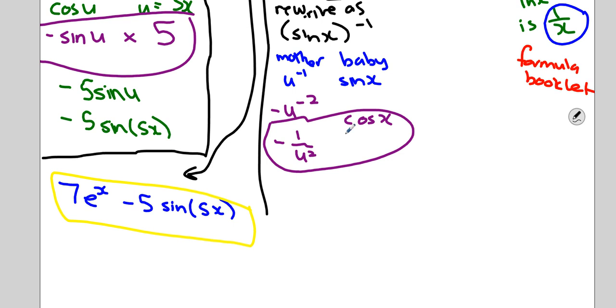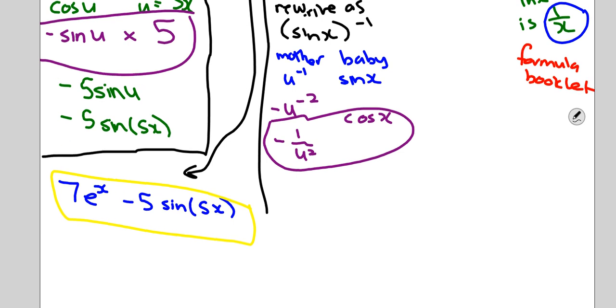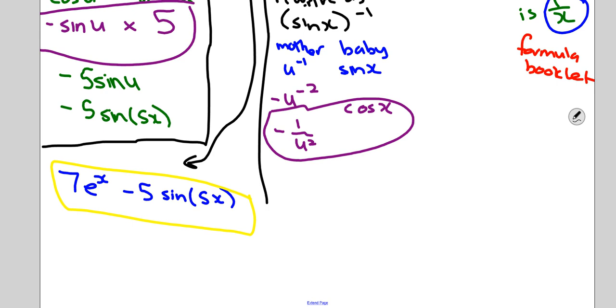You can leave it with minus 2 in there, but they sometimes like you to write it as 1 over. So if you times those two together, what do you get? You get minus cos x over u squared, which when you sub in the u is minus cos x over sine x squared.